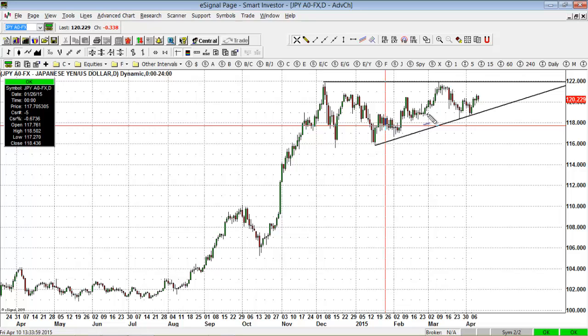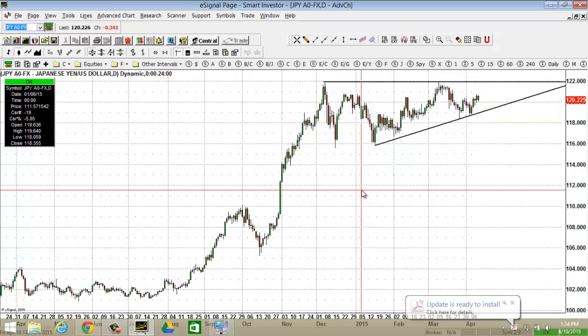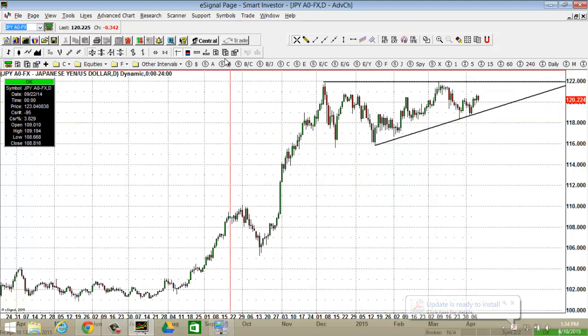If the market is able to break above the 122 high, that will be quite bullish for the market. If not, and the market closes below 118, this will set up a test of this 116 level on the USD Japanese yen.